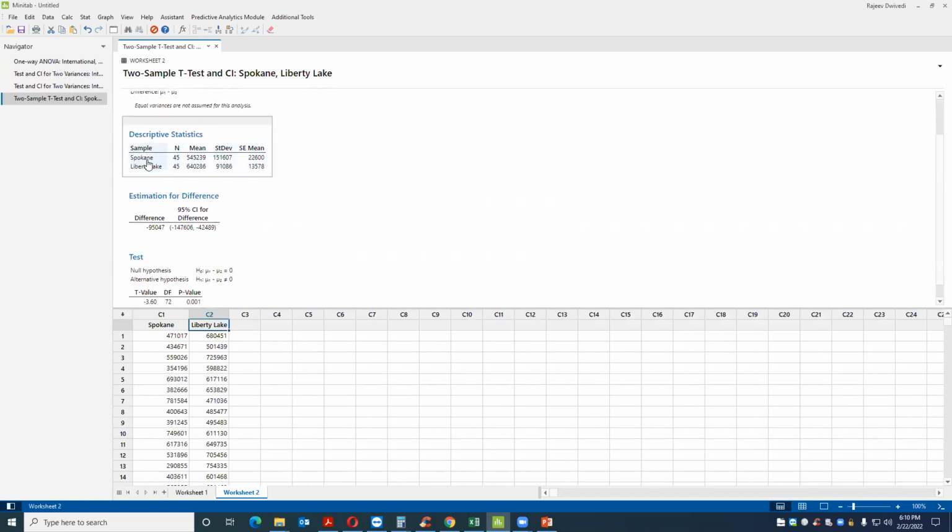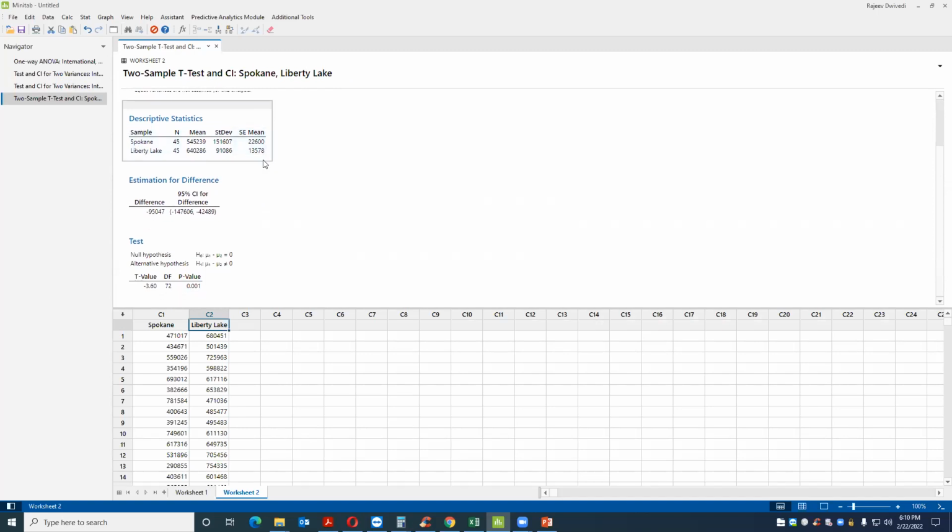Spokane is this, Liberty Lake is this, this is the difference, this is the confidence interval. Now you can see the t value and p value. The null hypothesis, mu1 minus mu2, the mean of Spokane houses minus the mean of Liberty Lake houses, equals 0, meaning both are almost equal and the difference would be 0.